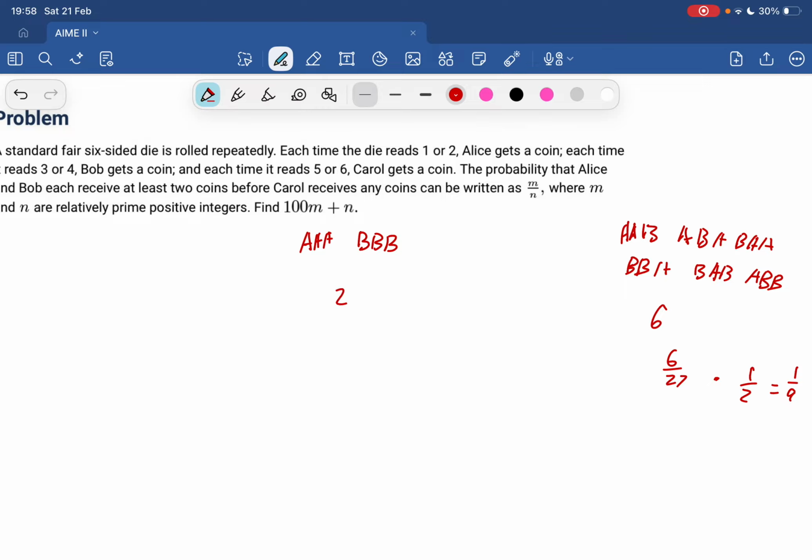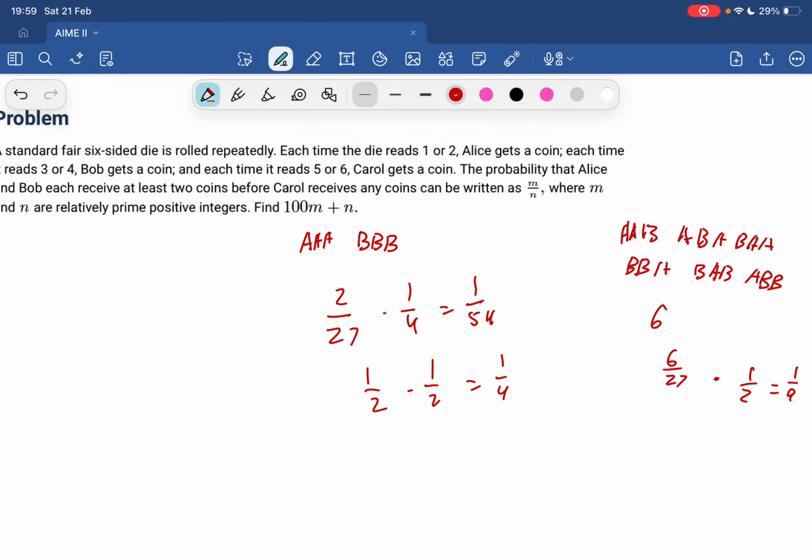So that's 2, which will be 2 over 27 for the probability. Now the other player must get 2 coins before the first one gets 1 more, or before Carol appears. So that will be 1 over 2 times 1 over 2, which is 1 over 4. So the contribution will be 2 over 27 times 1 over 4, which is 1 over 54.